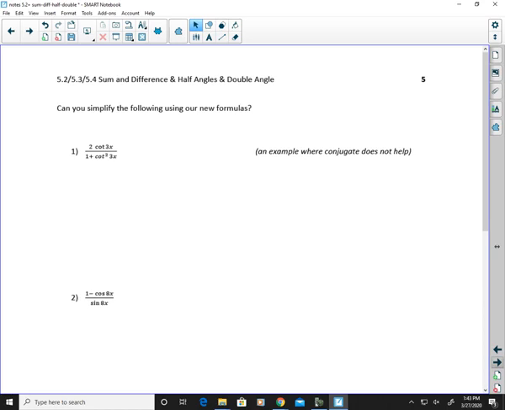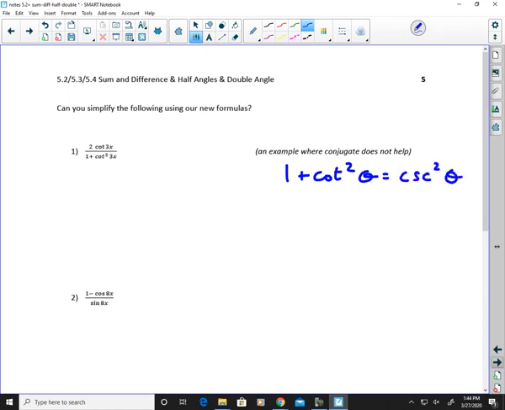It's an example where the conjugate would not have helped us though, but we can see that there is a similarity to this version of the identity. So we can see that identity somewhat in what we see, that we have a 3x.